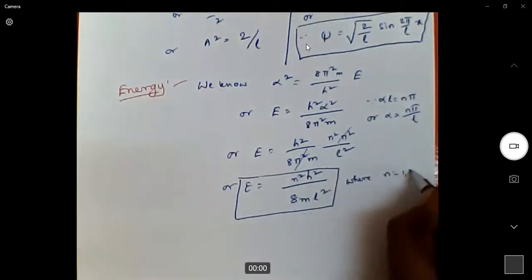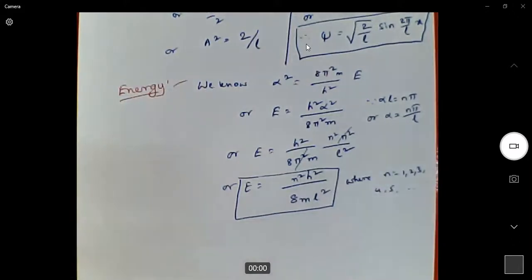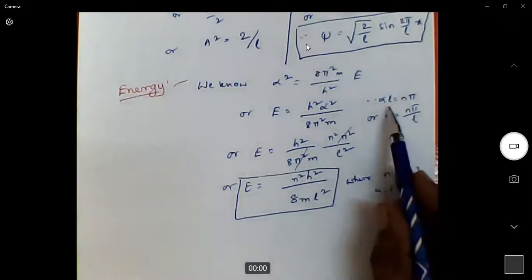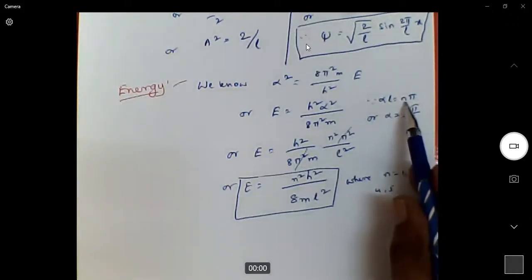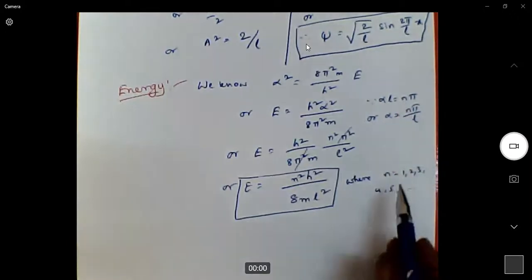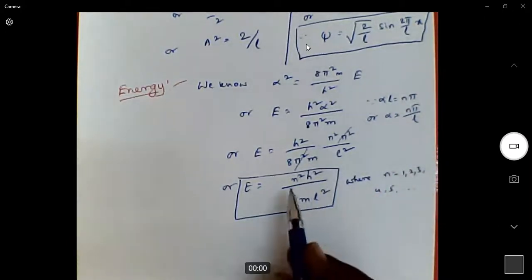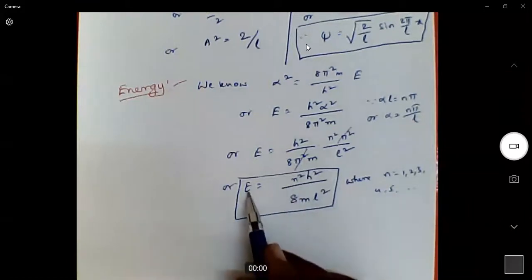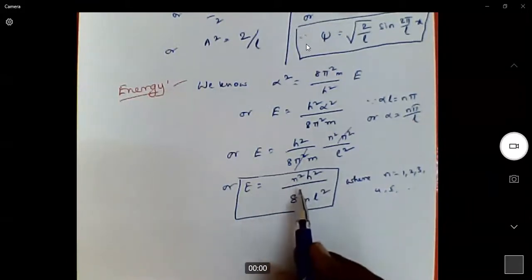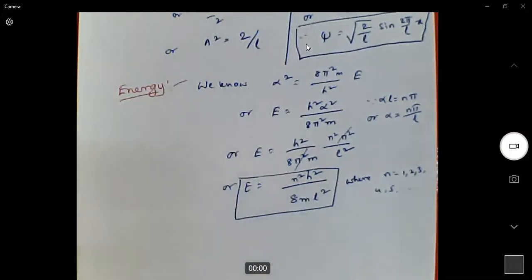This is the expression for energy of a particle in a one-dimensional box, where the values of n are integers 1, 2, 3, 4, 5, and so on. It cannot be 0. As I said, even at this point, we cannot take the value of 0 for n. Why? When we substitute 0 in place of n, then energy, everything becomes 0. Do you expect a particle or a material with 0 energy?